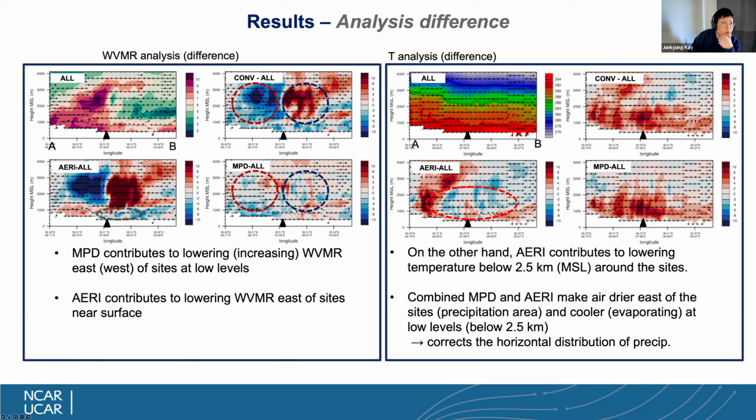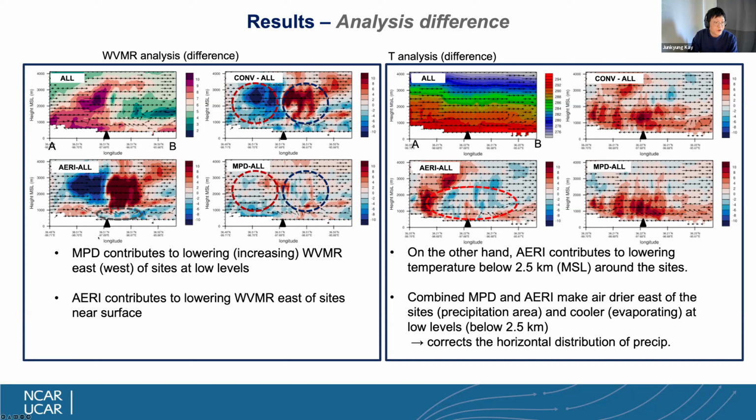When we assimilate the conventional observation, these simulations have very wet biases compared to the ALL experiment, and much dry biases here. The MPD contributes to lowering this water vapor mixing ratio east of the site, and also increases the water vapor mixing ratio west of the site.